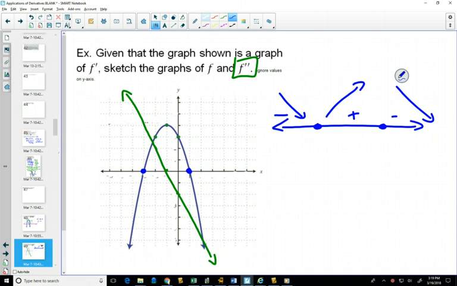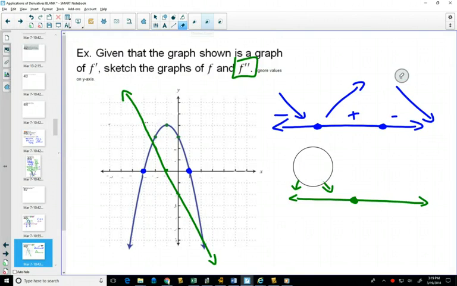What do we know from our green graph? Our green graph only has one critical value. It's negative to the left of that, so that tells me my original function is concave down on that section. And my second derivative, no, it's positive. Whoa. Thank you. There we go.